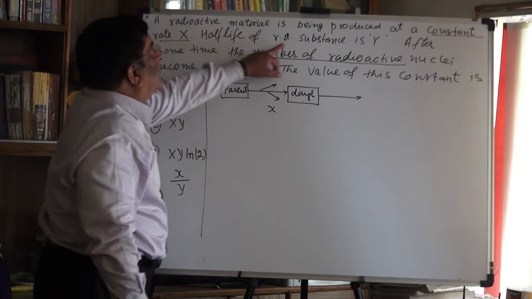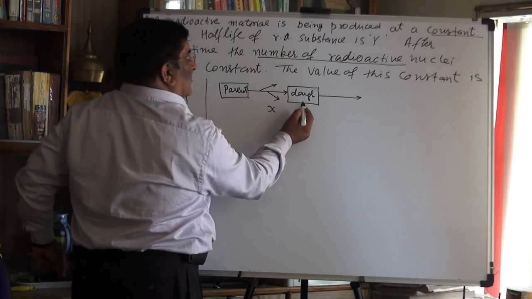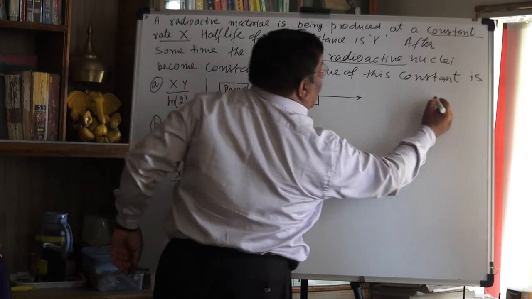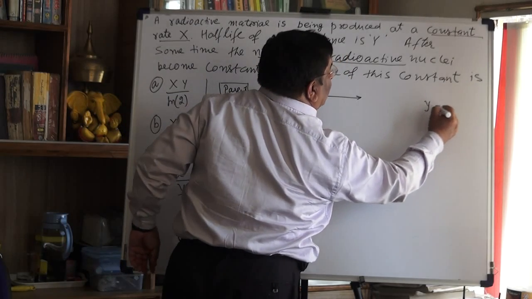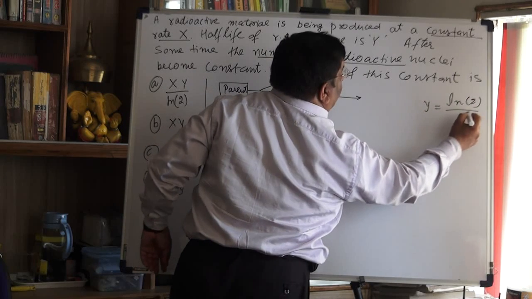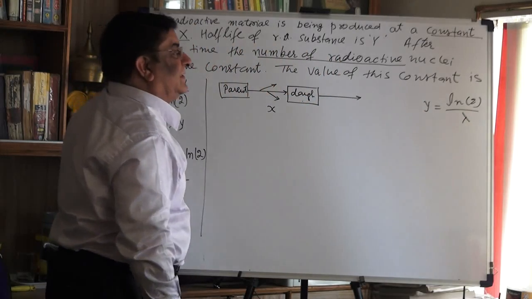The radioactive substance which is produced has a half-life equal to y. For half-life we have a formula: log 2 upon the disintegration constant.